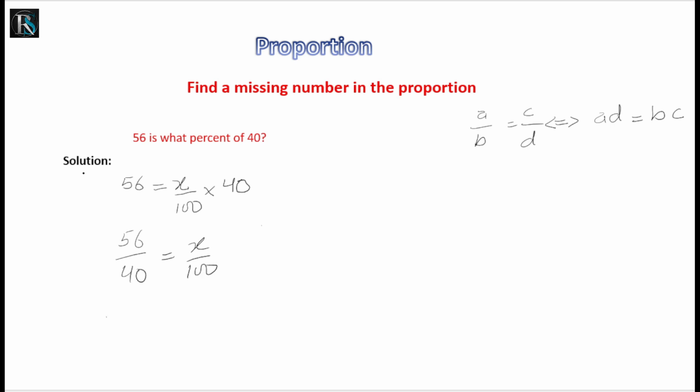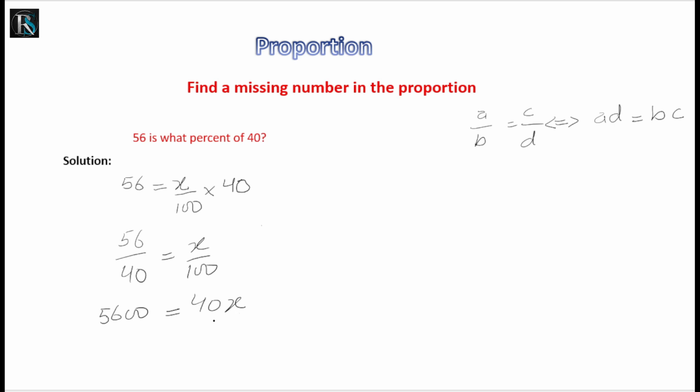Now here we need to do the cross multiplication in order to simplify this proportional problem for the unknown variable x. So that would be 100 times 56, so that would be 5600 is equal to 40 times x. Now we need to simplify this equation for the unknown variable x.